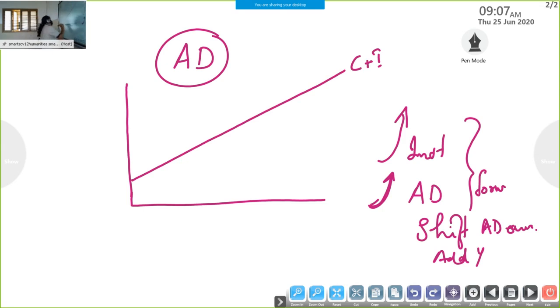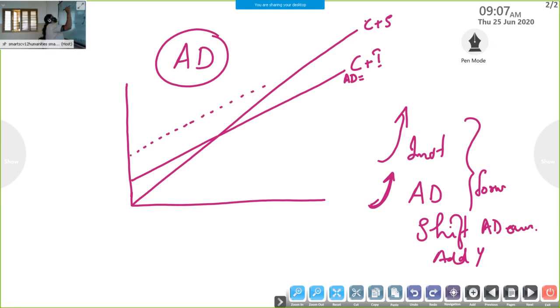Then AS curve that starts from origin, C plus S. Due to increase in investment, aggregate demand curve shifts from AD to AD dash. Suppose this is the new aggregate demand curve AD dash. Here we can write C plus I plus delta I.